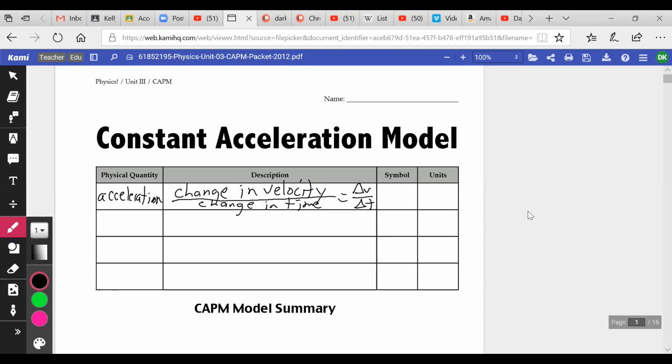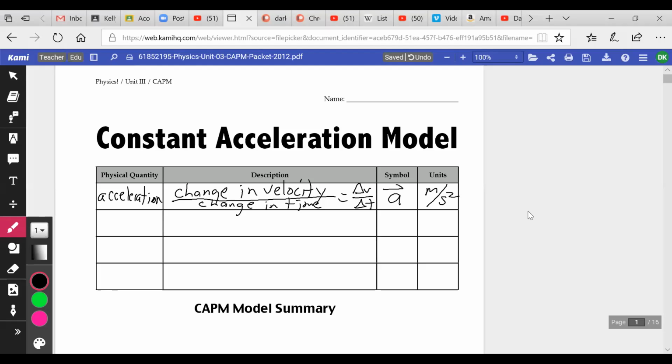The symbol of acceleration is just A with an arrow to indicate that it is a vector, much like velocity is a vector, and displacement is a vector. So we have three vectors so far: the displacement vector, velocity vector, and acceleration vector. And the units of acceleration are meters per second squared, because this is going to be meters per second per second, and when we simplify that, it's meters per second squared.